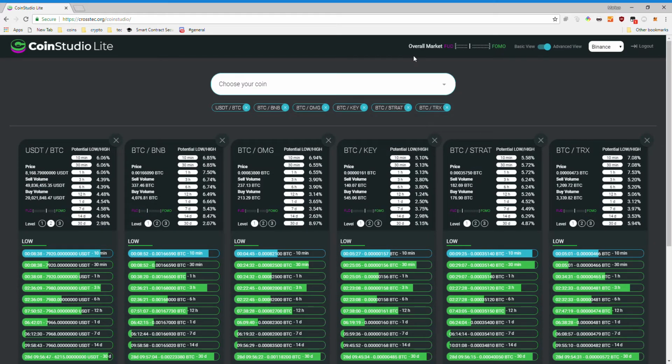And yeah, what else to say? We also have here the overall market Fatfomometer. Currently, it's not moving much. I observed that it tries to stay in the middle, because it goes across all pairs for that exchange.